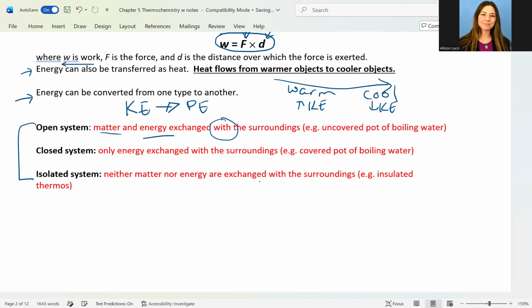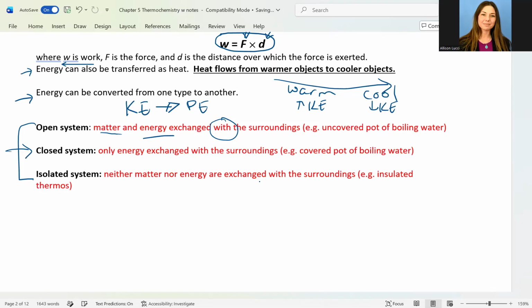And we can think of a pot of boiling water without a lid, so an uncovered pot of boiling water. We could feel the heat escape if we put our hand over this pot of water, but we can also see steam rising, so both matter and energy are escaping or exchanging with the surroundings.